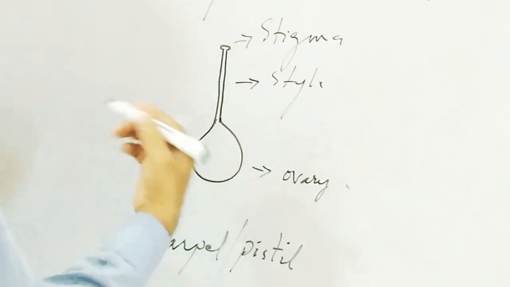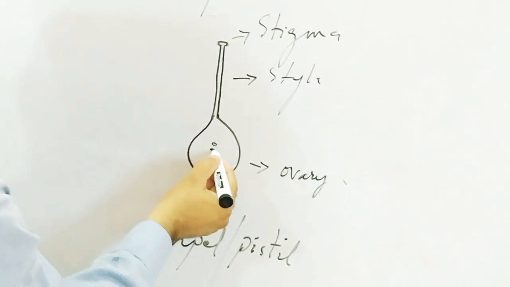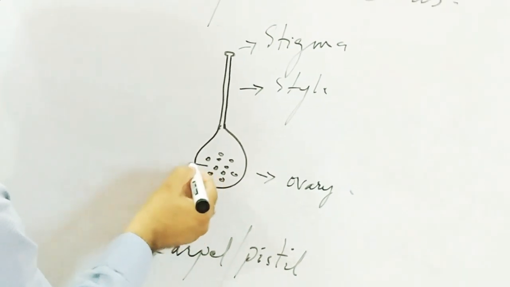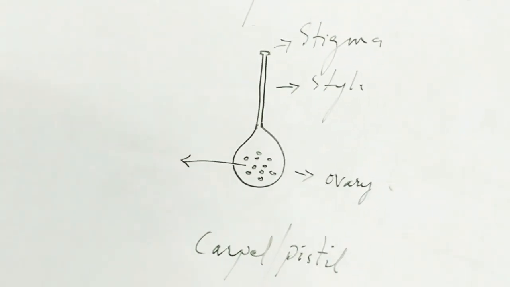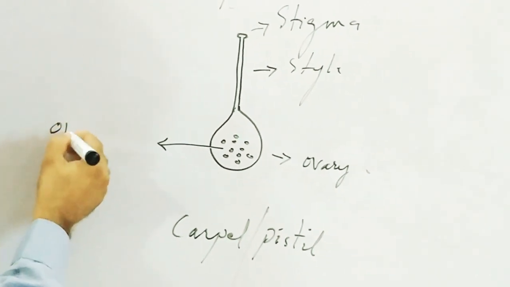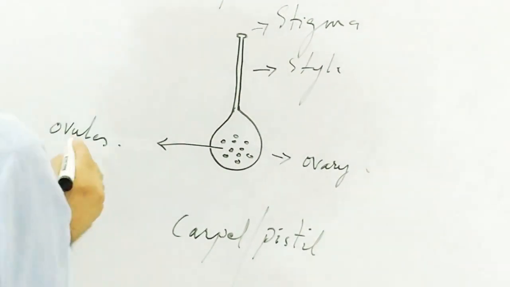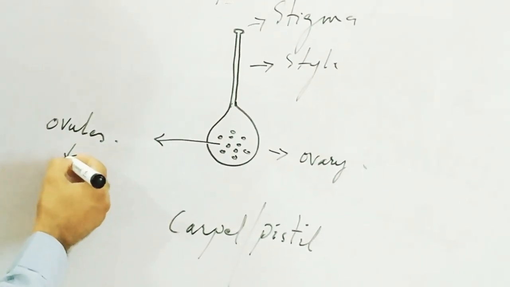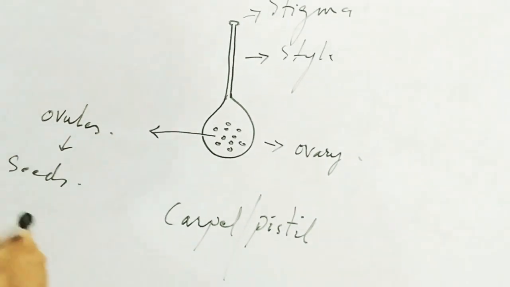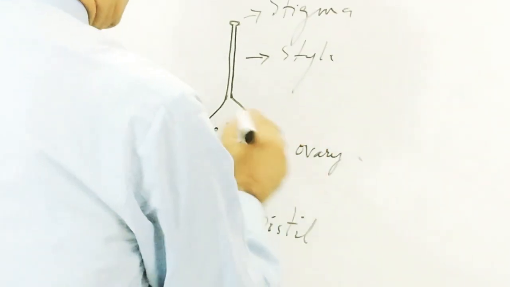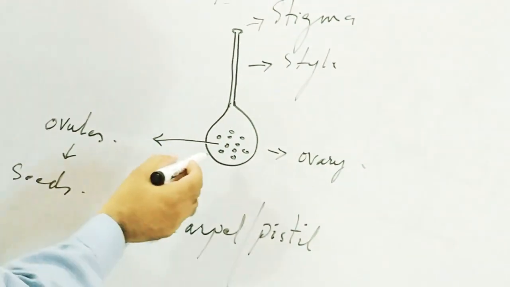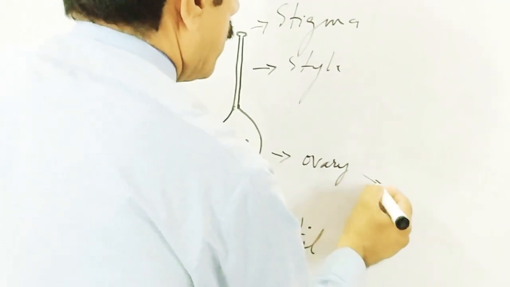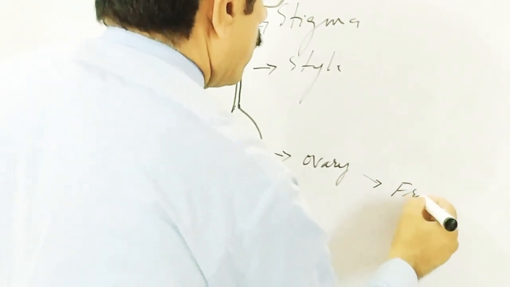Inside the ovary, one or more reproductive cells are found. These are called ovules. After fertilization, the ovules develop to form seeds, and the ovary, a thin covering that encloses the ovules, develops to produce the fruit.